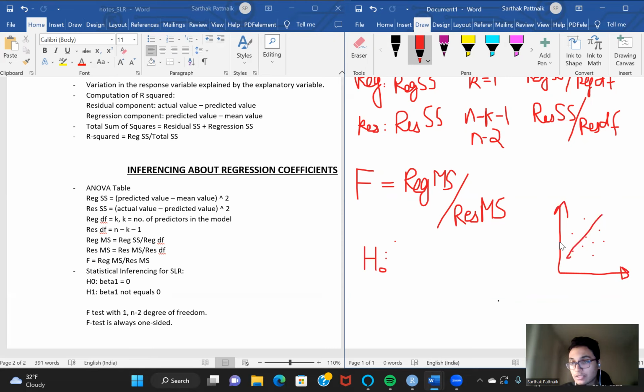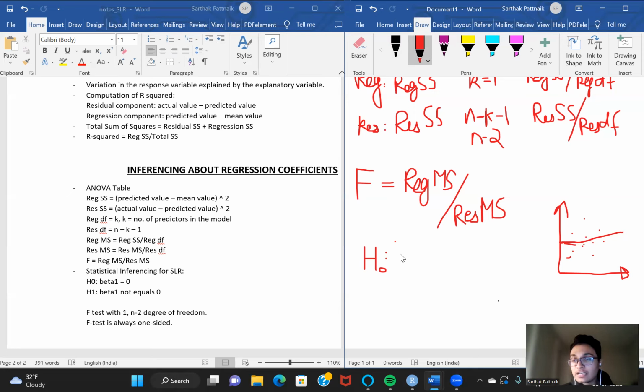And so I'll start with assuming that there is no association. So rather than a straight line, y has no association with x. Okay. So my assumption or my null hypothesis is that there is no linear association between x and y.